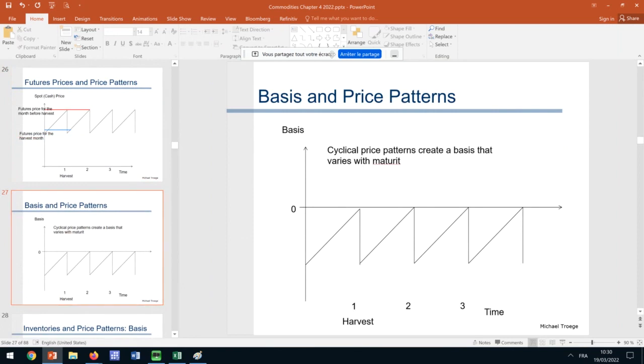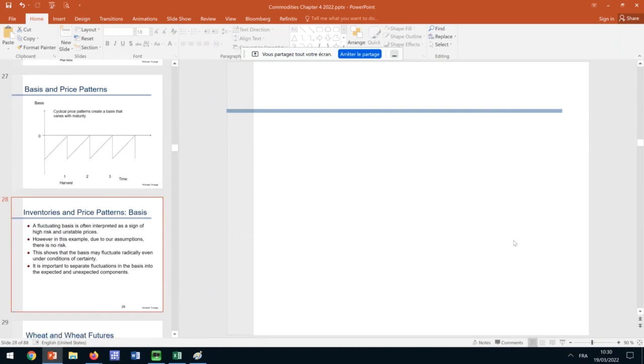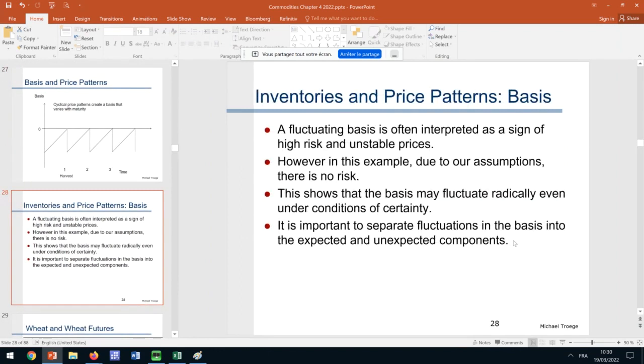the basis, so the difference between the spot and the future prices, will actually fluctuate. So you get a basis that depends on the maturity, a basis that goes up and down, and that's again what we've seen here. It's related to inventories. A fluctuating basis is often a sign of high risk and unstable prices.